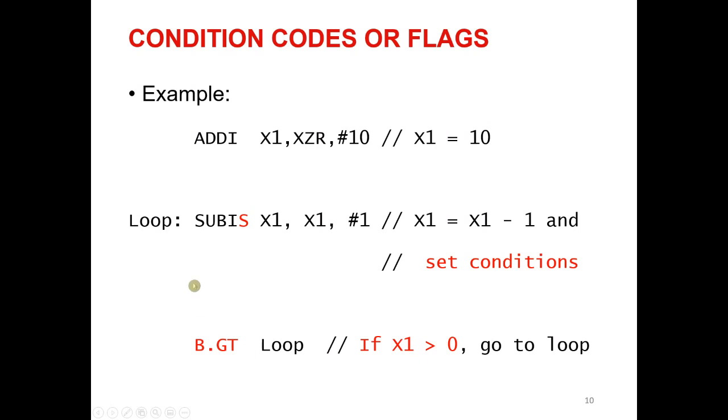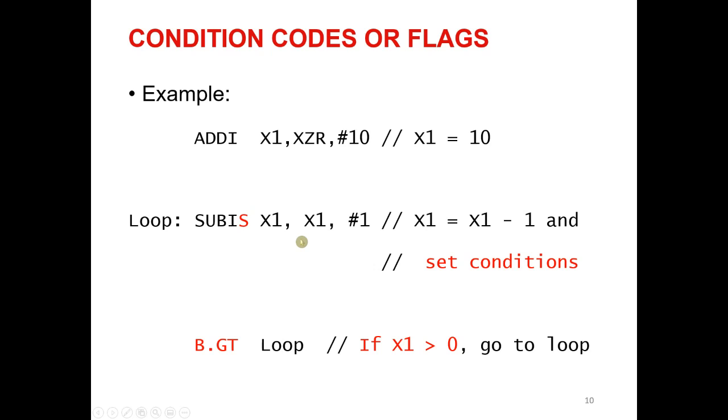So what will happen here? This loop will be running until this condition is not satisfied. As here we are subtracting 1 from register 1, which initially was 10, we will finish this loop once register 1 is 0, which means that we have run the loop 10 times.